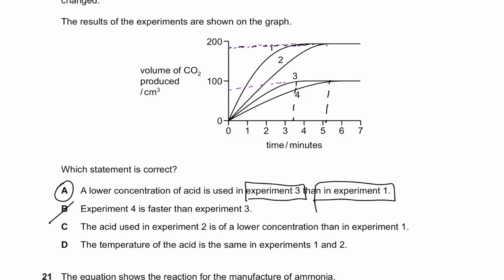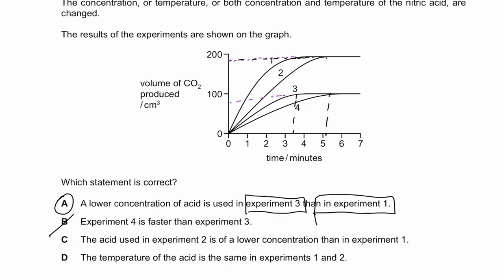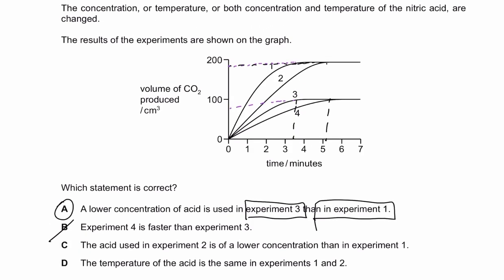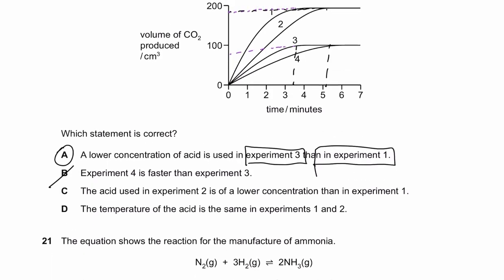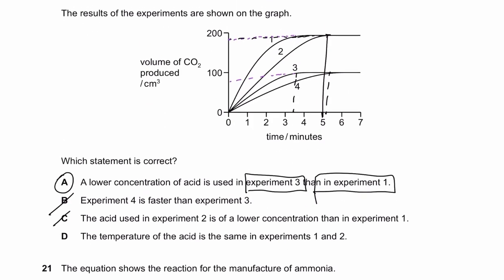And we know if our acid is the limiting reactant, then the change in concentration would also affect the volume of carbon dioxide being produced, right? And they both end here at 5 minutes. So that's also wrong. The temperature of the acid in experiment 1 and 2 are the same. The temperature cannot be the same because 1 has a greater rate of reaction compared to 2, right? So D is the wrong option here, right?